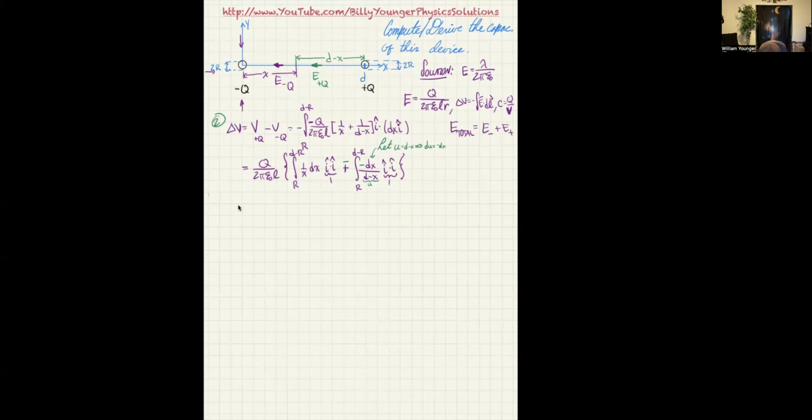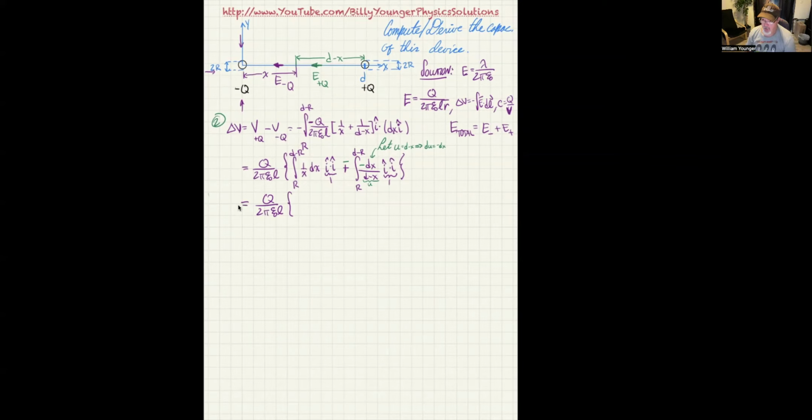We already know what the integral of dx over x is. So I've got q over 2 pi epsilon naught L times, here's my curly bracket, the integral of dx over x is just ln, and that means I take the natural log of x and evaluate it at d minus r, and then I subtract from that the natural log of x evaluated at r.